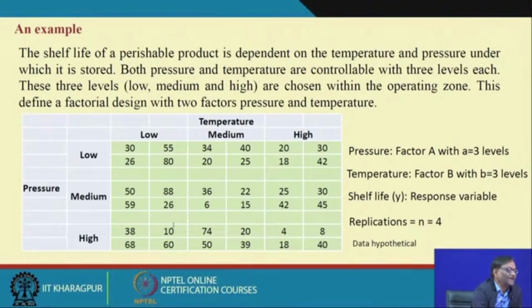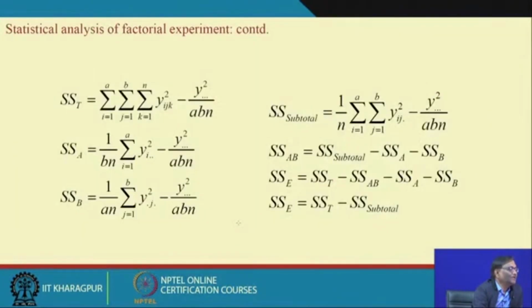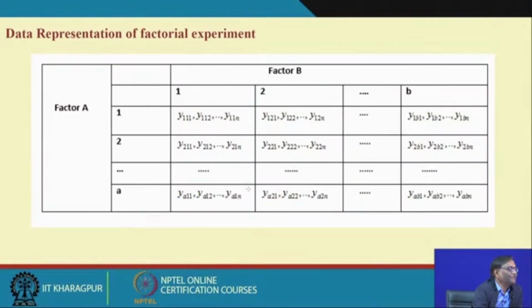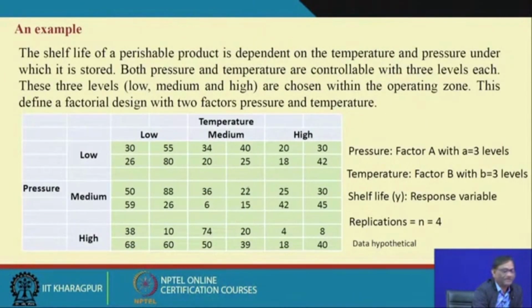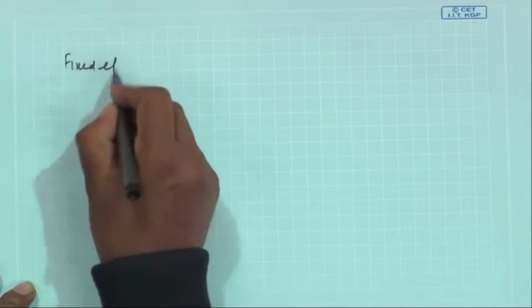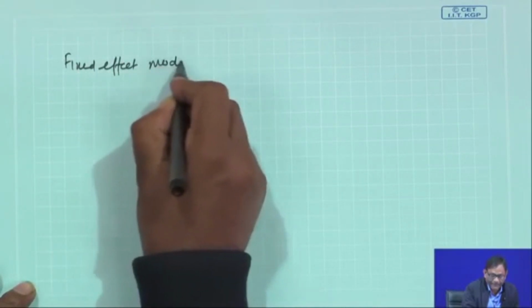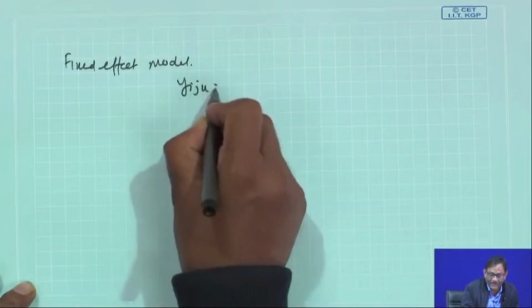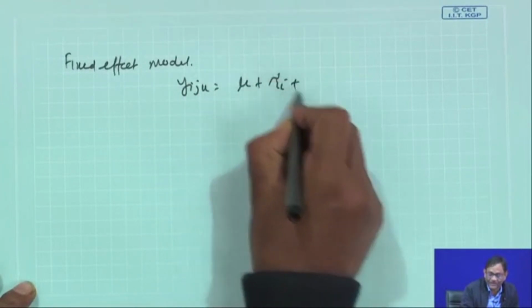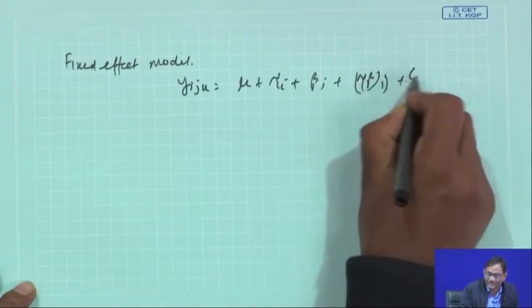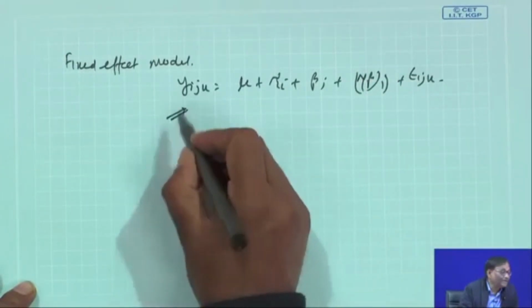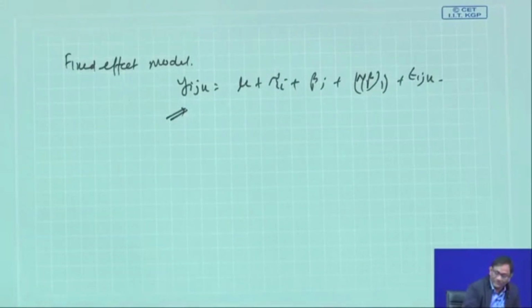And if this is the data, now whether this model, the fixed effect model we have discussed earlier, Yijk equal to mu plus tau i plus beta j plus tau beta ij plus epsilon ijk, is able to explain this data or not.